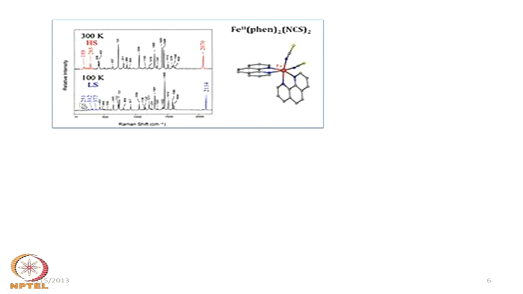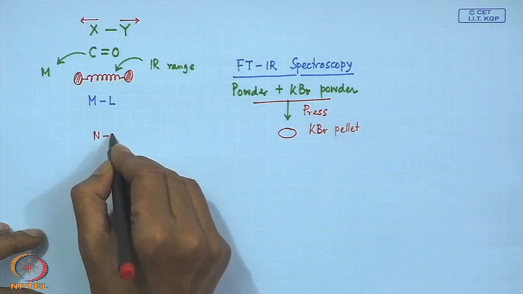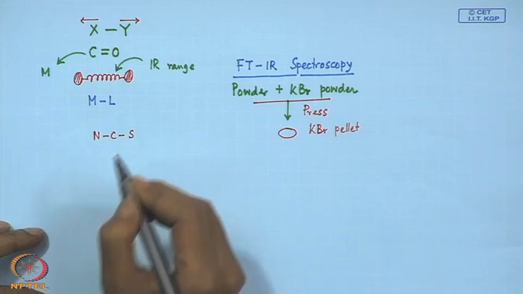The figure is not very clear, but what we see is that we are going for some of these stretching frequencies for the bond, basically iron-nitrogen from thiocyanate, and within the thiocyanate also, because what we have seen for carbon monoxide is also true for NCS.